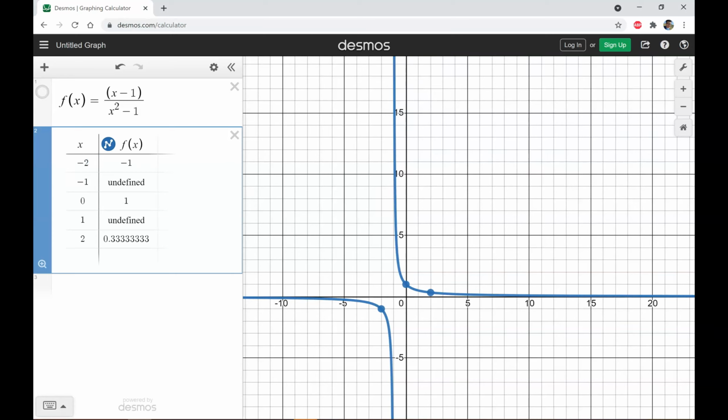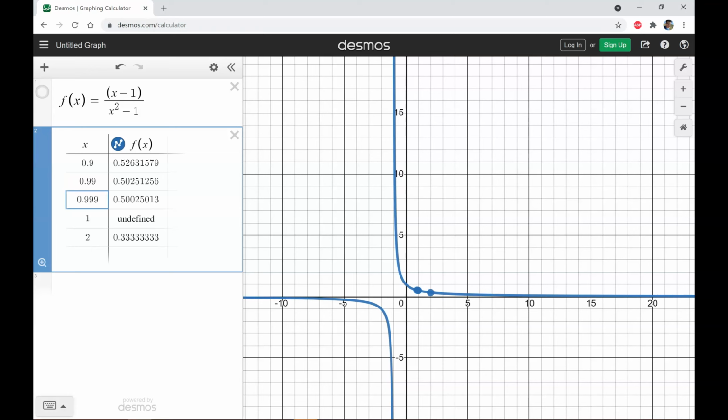And remember, we wanted to find the limit as x approached 1. So this allows me to plug in different values. And so I'm going to try 0.9, 0.99, 0.999, 0.9999, 0.99999.